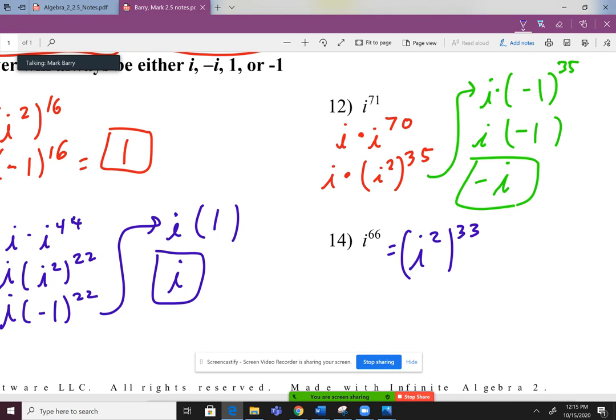Half of 66. All right. So we know that I squared is -1. So now we have -1 to the power of 33. And what is -1 to any odd power? Still -1 for the odd powers. So there we go. We got one of each of those 4 possible answers, okay?